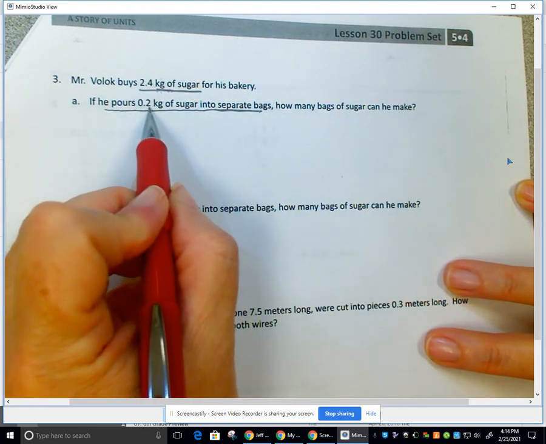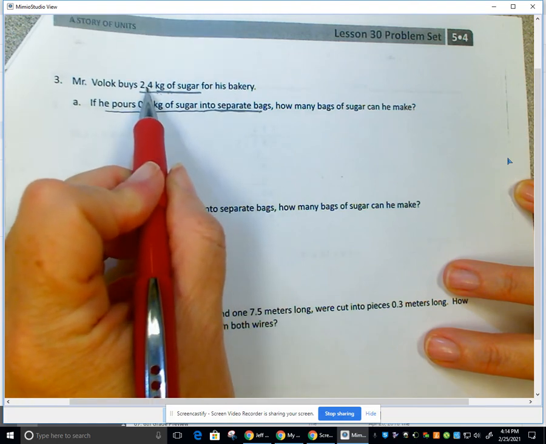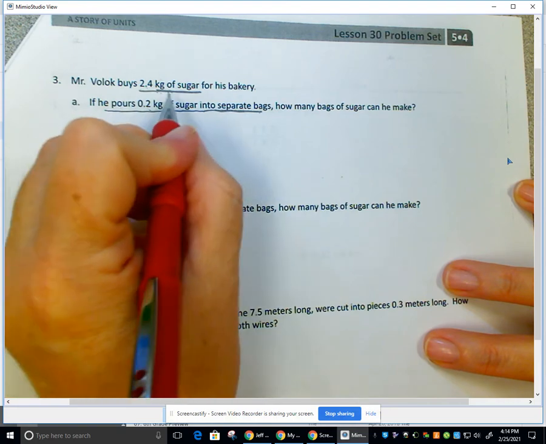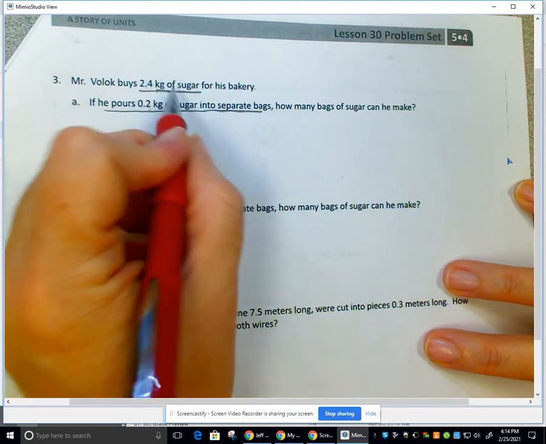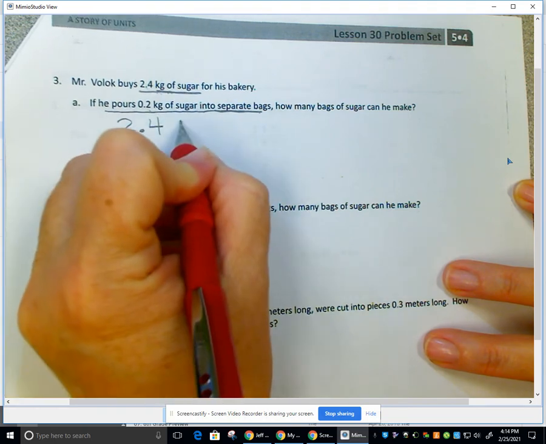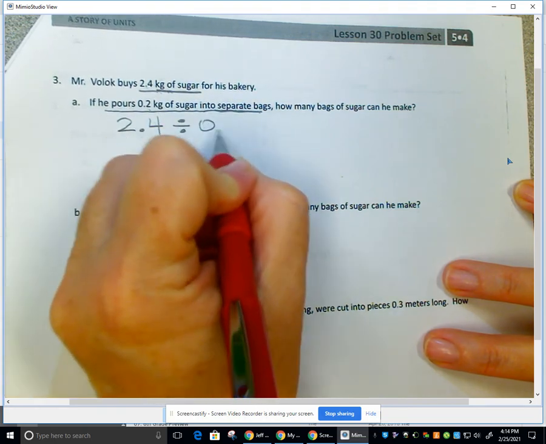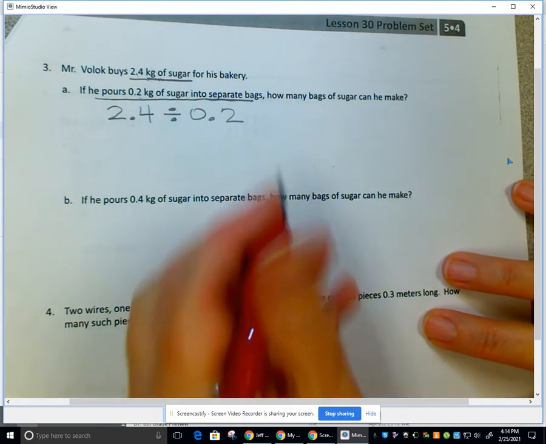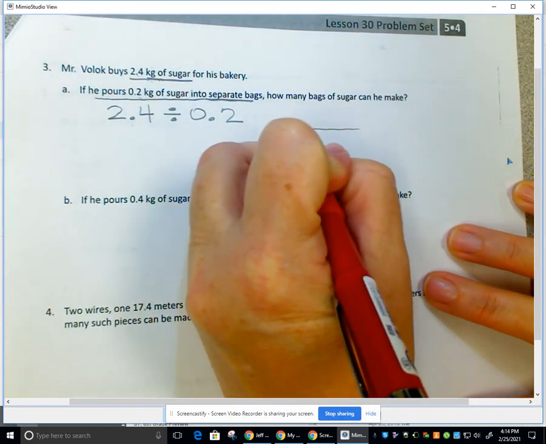We want to know how many 2/10 are in 2 4/10. So what's getting shared is all of this sugar. So I'm going to write that first. 2 4/10 divided by 2/10. So let me set that up.